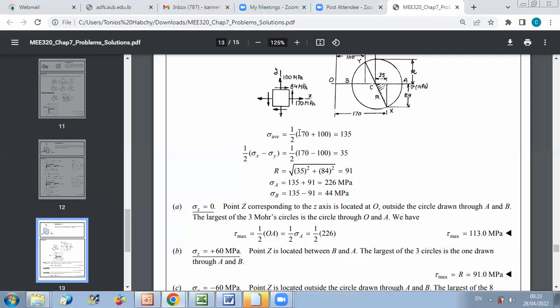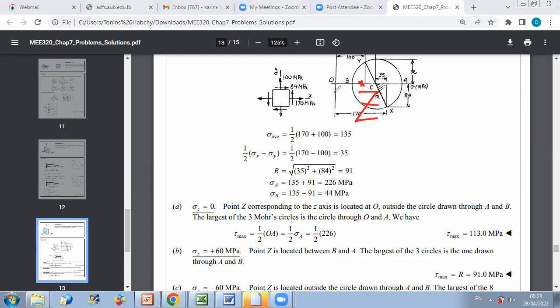I should locate z relative to A and B. I got that sigma A is 226 megapascal and sigma B is 44. So if sigma z is 60 megapascal, and I don't have shear stress along z because tau zx and tau zy are 0, then the third point is somewhere in between, between B and A. This is point Z then.